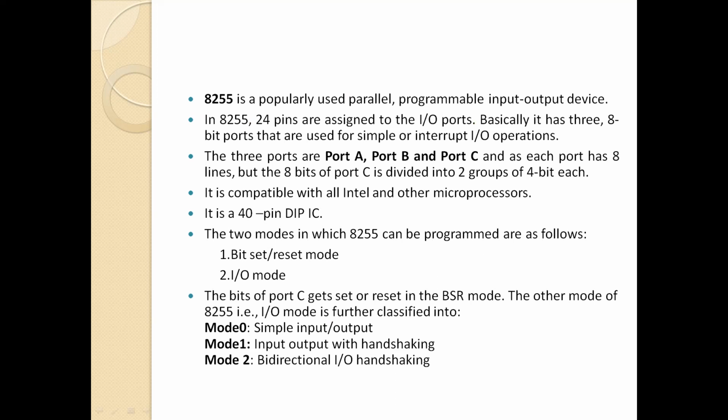The input-output mode can further be classified into three modes: mode 0, mode 1, and mode 2. Mode 0 is when the ports are simply giving the input-output instructions. Mode 1 is when the ports are giving the input-output instructions as well as the handshaking instruction. In mode 2, the bidirectional input-output handshaking function is performed.